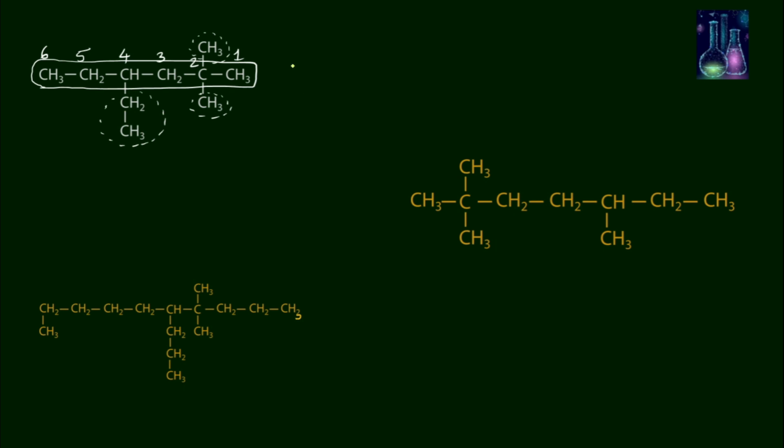So the name of the molecule is 4-ethyl 2,2-dimethyl, and the parent carbon has 6 members, so it will be hex, and since all carbons are single bonded, it is ane.